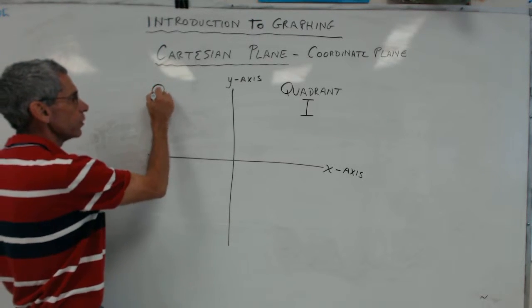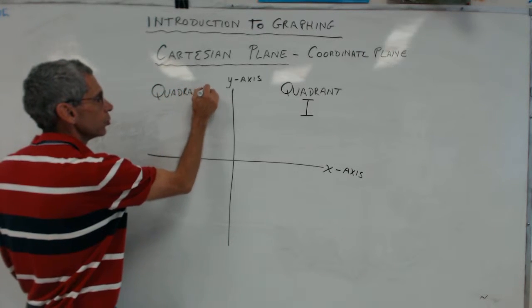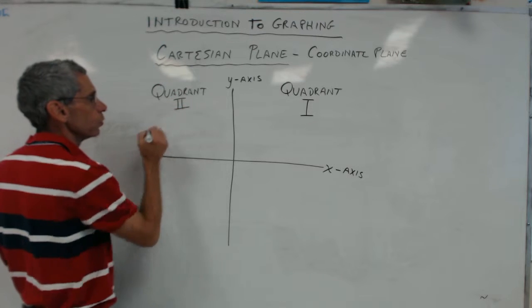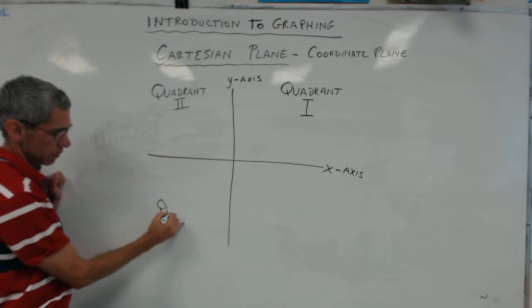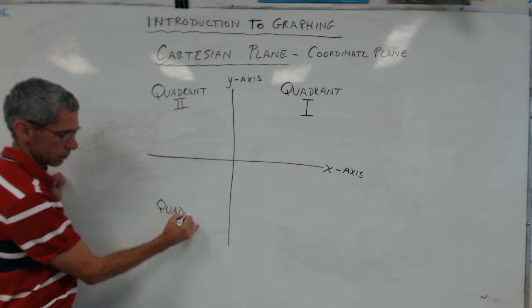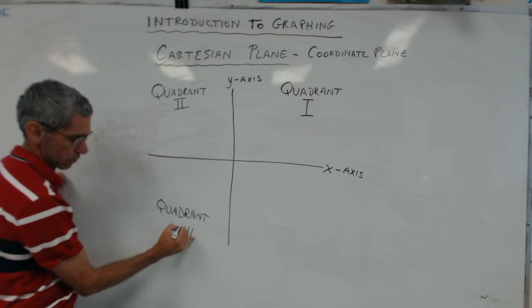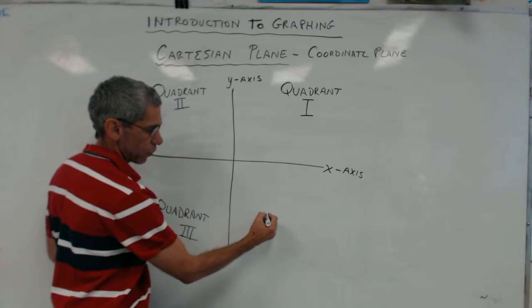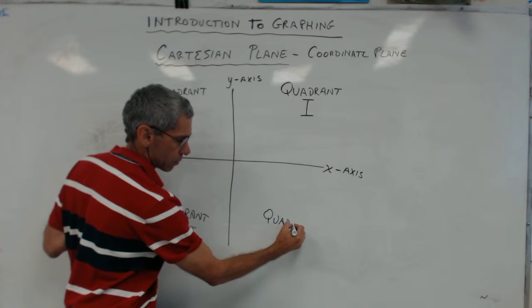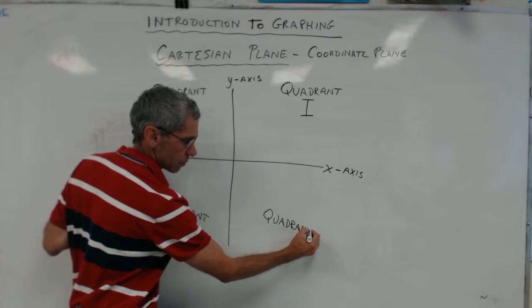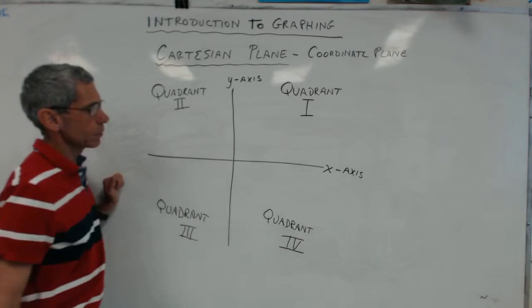So this is quadrant 2, again in Roman numerals. This is quadrant 3. And this is quadrant 4. Okay?